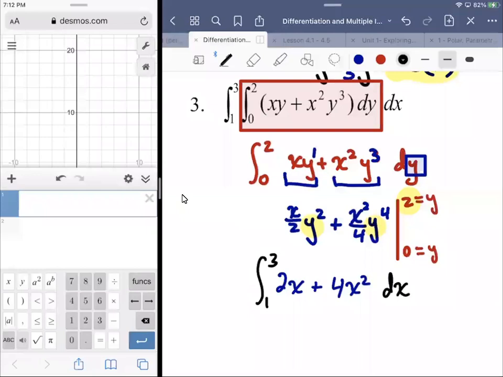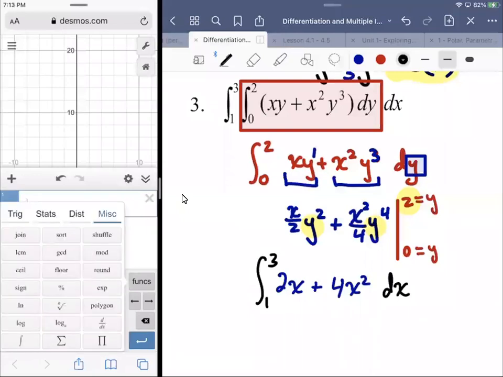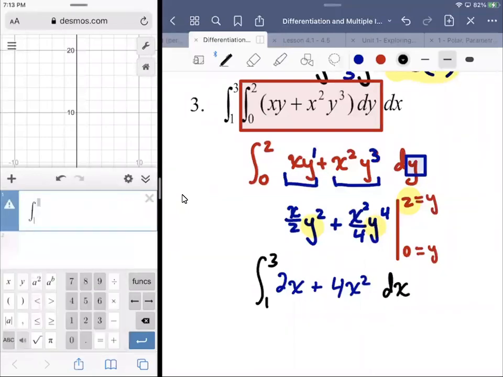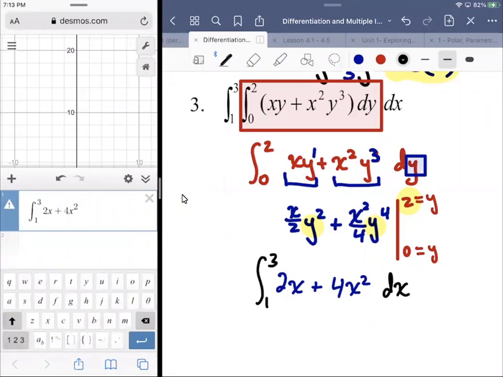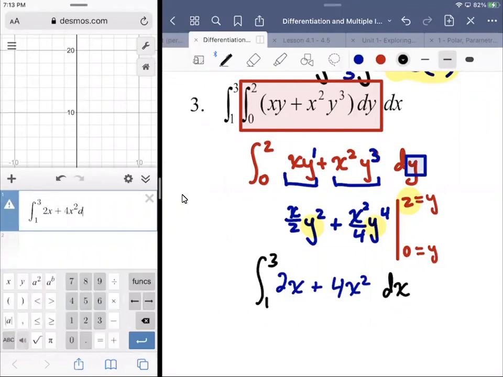So function, miscellaneous, pop it right in. Is it hard to do? Of course not. This is the reverse of the power rule. But the idea that you don't have to do it is what should be the selling point here.